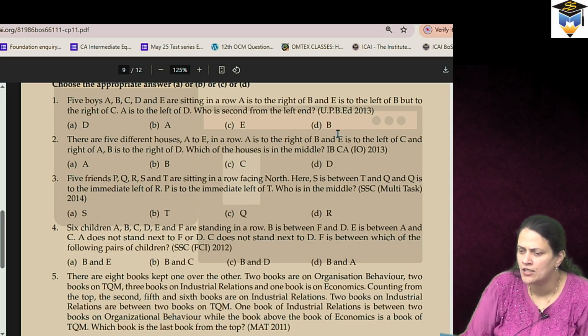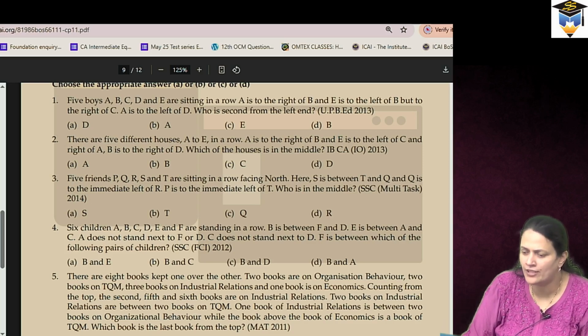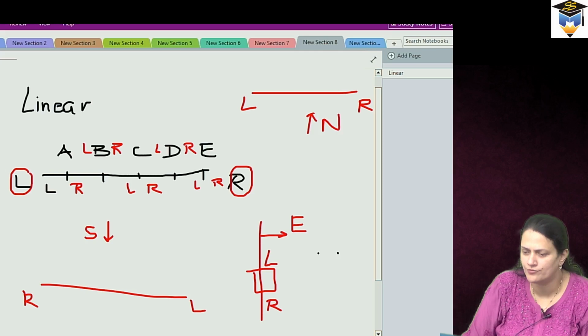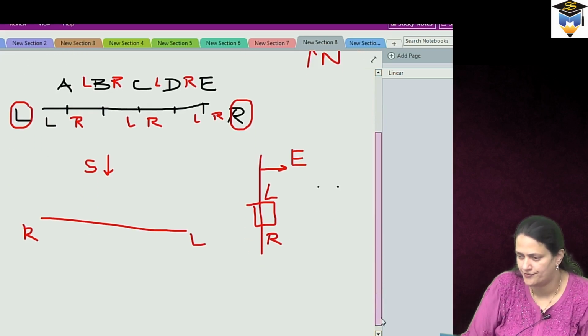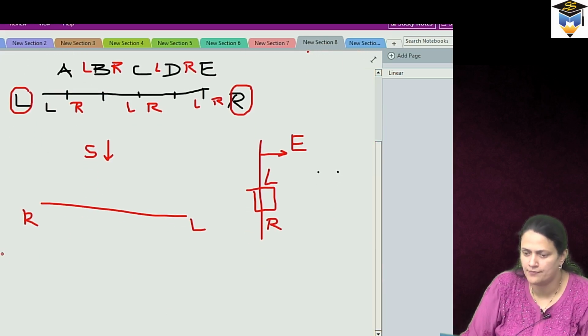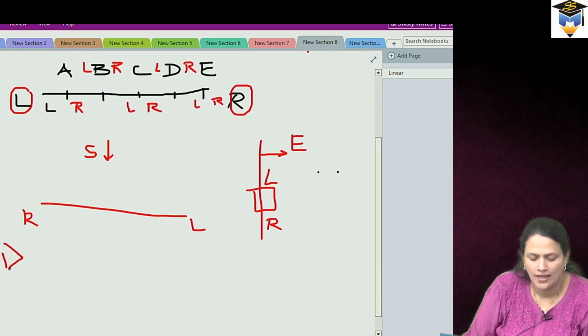First, A is to the right of B. So they have given A is to the right of B. So what we can do? We can just draw it. The first sum. So this is A to the right of B. So B will sit here.